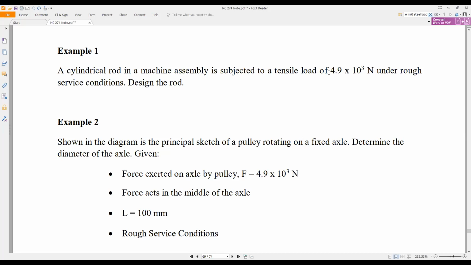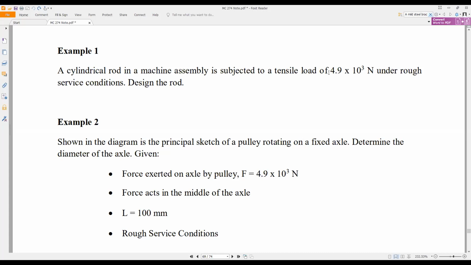Knowing the factor of safety and the ultimate stress, we can determine the allowable stress, which is the ultimate stress divided by the factor of safety. The stress buildup in this material should not exceed the allowable stress.